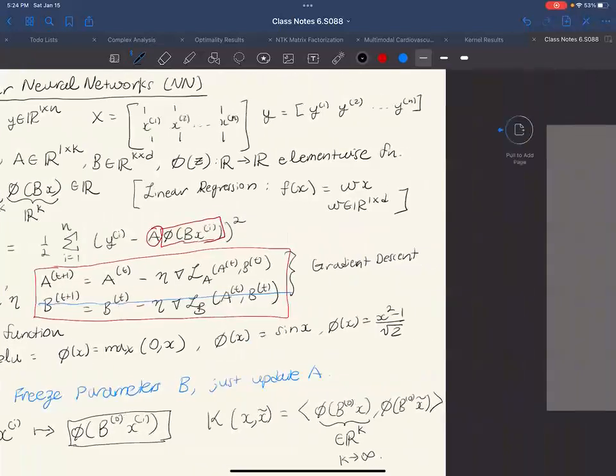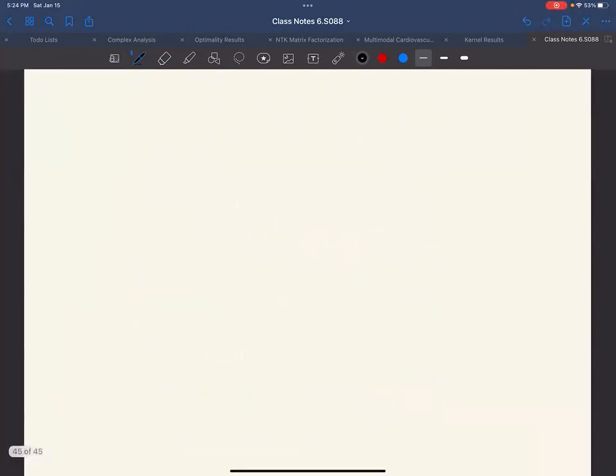Just to make the picture visually clear, let's review what's happening here with the neural network. For our neural network, we had f of x equals a phi of b x. What I'm actually going to do now is multiply in front by root k. And pictorially, what does this neural network look like? Let's draw a simple figure representing our neural network.